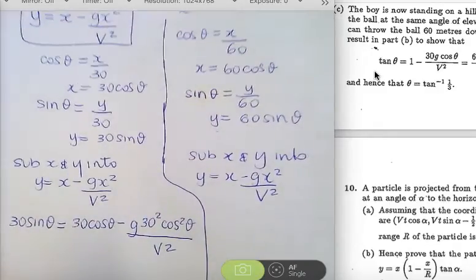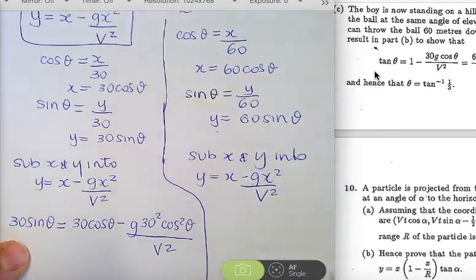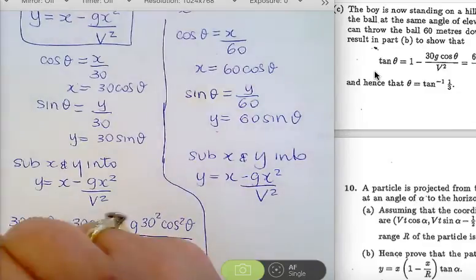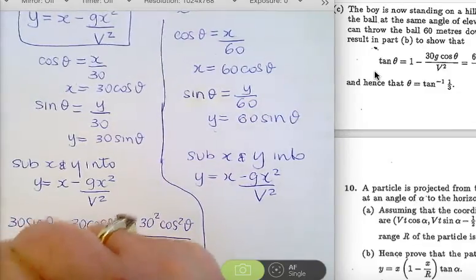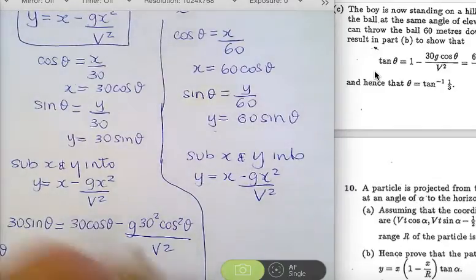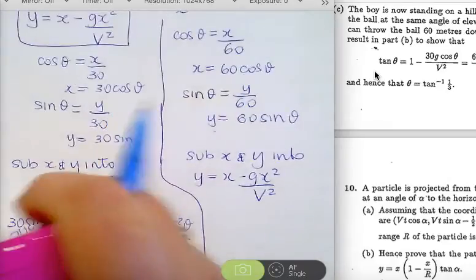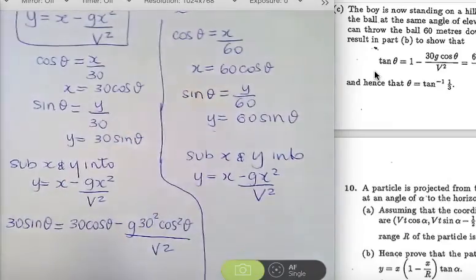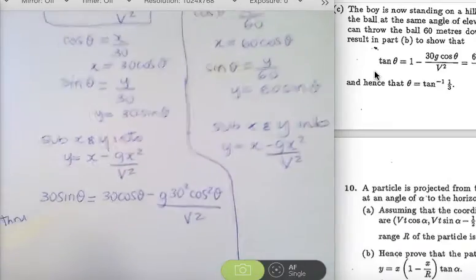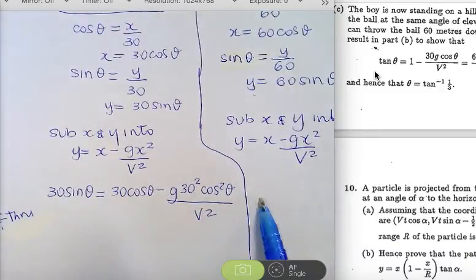That would be a great idea, because if you divide through by cos theta, you get tan. So divide through by 30 cos theta, and then you're going to do the same thing on the other side. Yeah, because look, 30 sine theta, 30 cos theta, 30 squared cos squared theta.